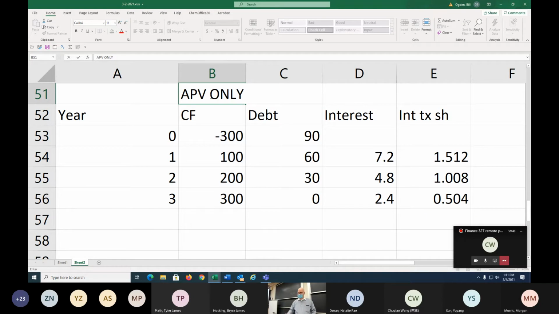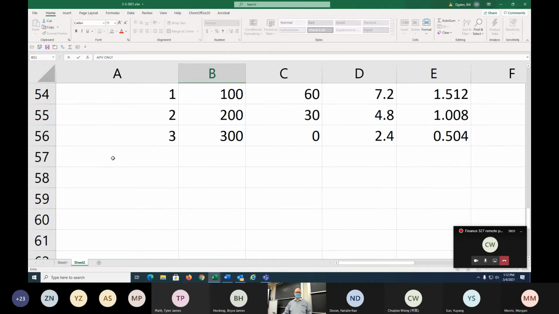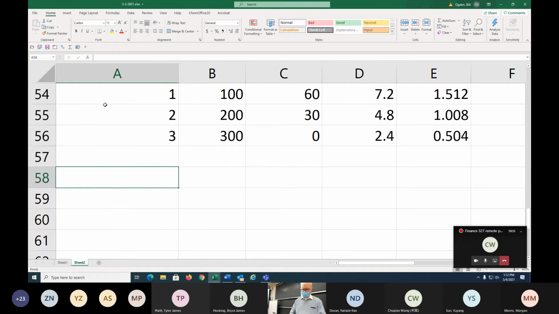All right, and we're assuming everything else is still what we had above, right? RU is the same, RD is the same. Okay, so how do we do the APV? Let's start out with the base case. Okay, and let's just make sure we see this.